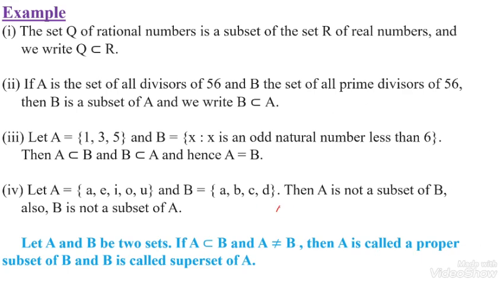For example, B is the main set containing the elements A, B, C, D, and A is a subset of B, that is A, B, C. That time A is not equal to B, because A contains A, B, C and B contains A, B, C, D. Here there are four elements and here three elements. Not equal means both contain a different number of elements. That time it is called a proper subset of B.